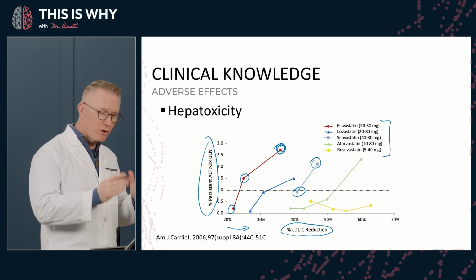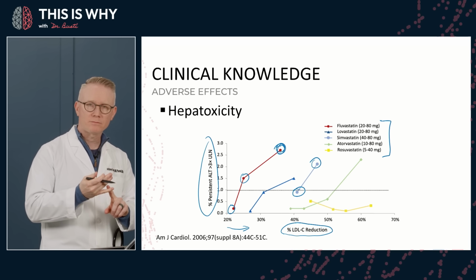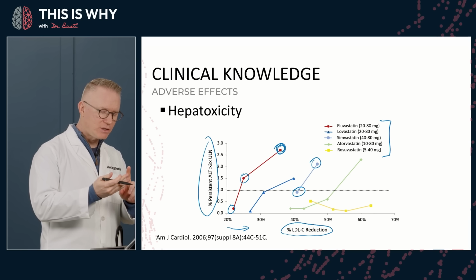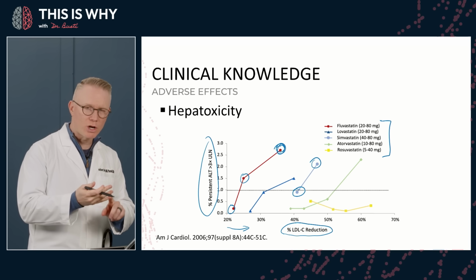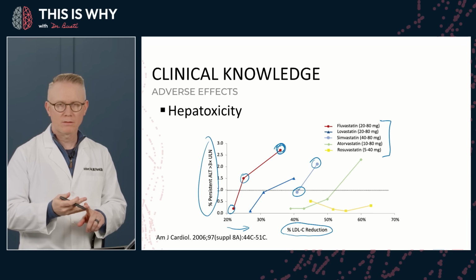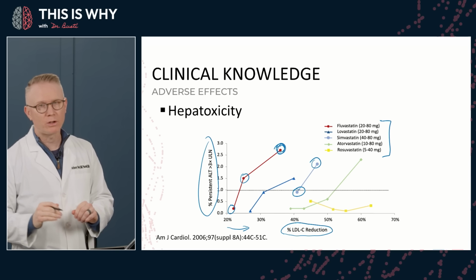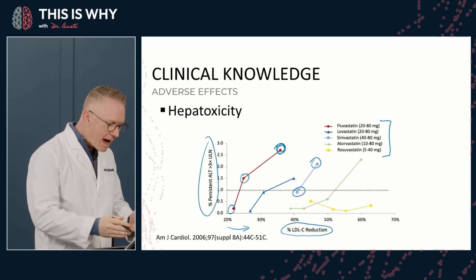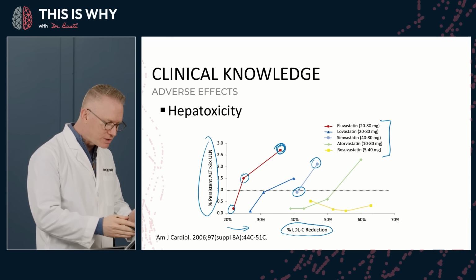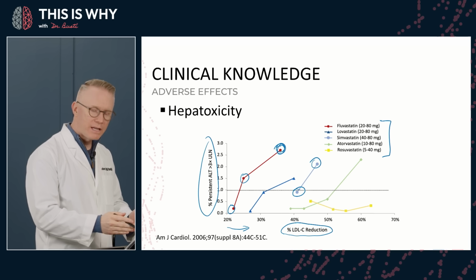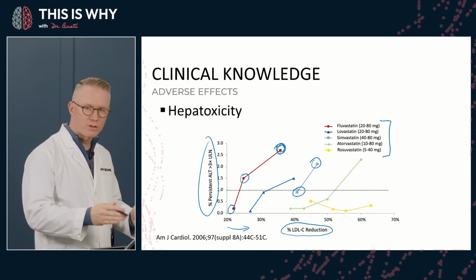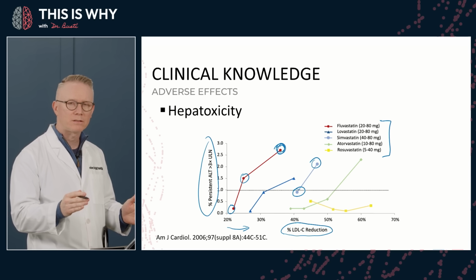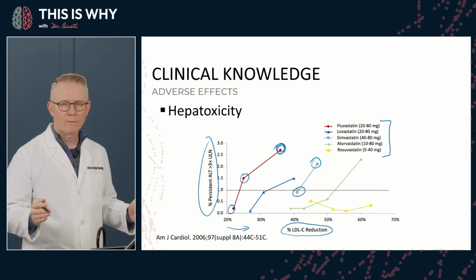So this is telling you, number one, write this down: the risk of hepatotoxicity is dose or concentration dependent. Here's what it's also telling you, very important key: if you look across here, the potency of the statin, the LDL lowering effect, is increasing as you go from left to right. But it doesn't matter.